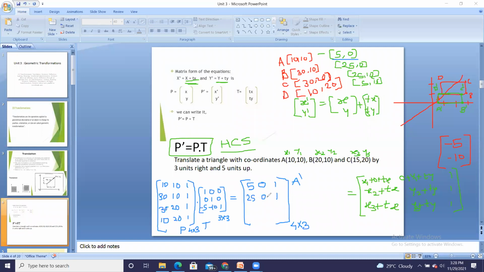So this is 25, 0, 1, your B dash. Similarly, check whether you are getting the same result for C dash and D dash as per our earlier results. Getting C dash as 25, 10, 1.